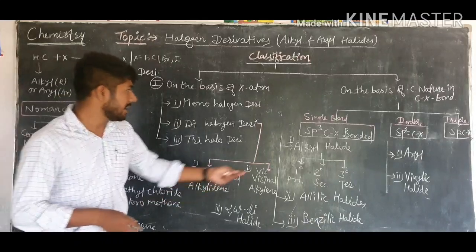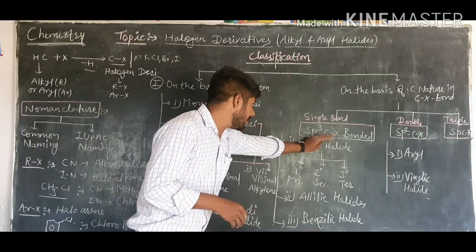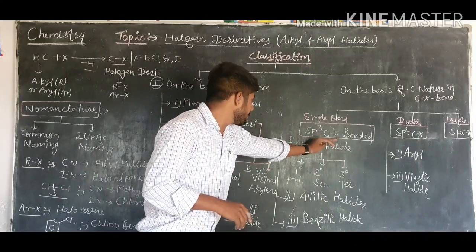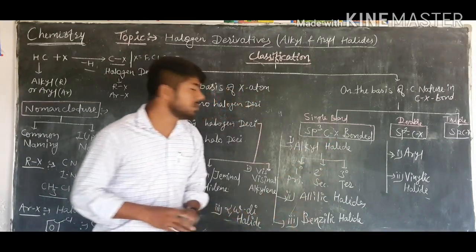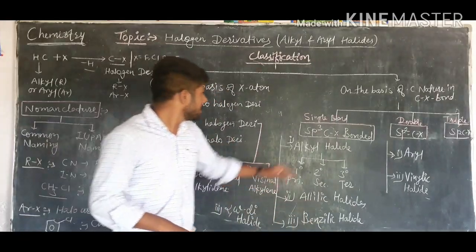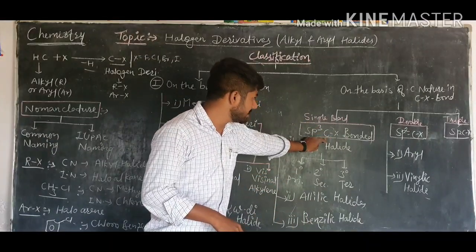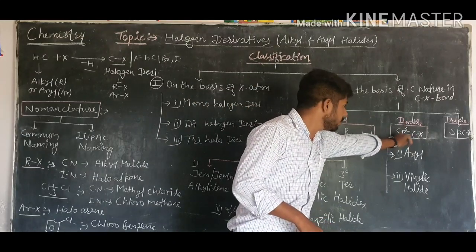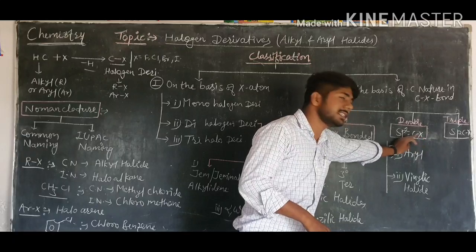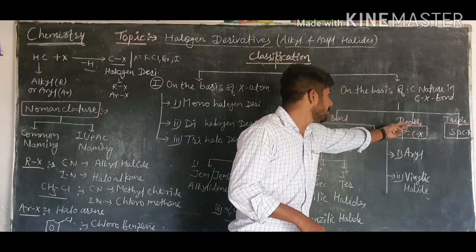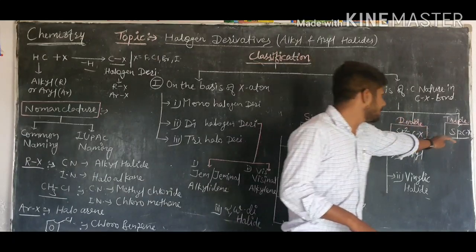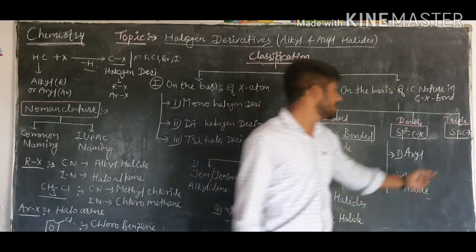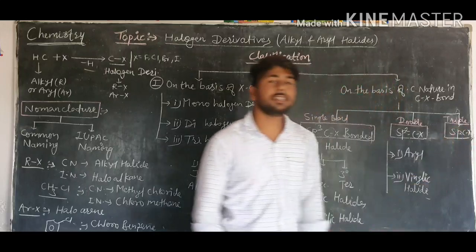In sp3 C-X bonded derivatives, the carbon always has only single bonds. In sp2 C-X bonded derivatives, the halogen-attached carbon has one double bond, and in sp C-X bonded derivatives, the halogen-attached carbon has a triple bond.